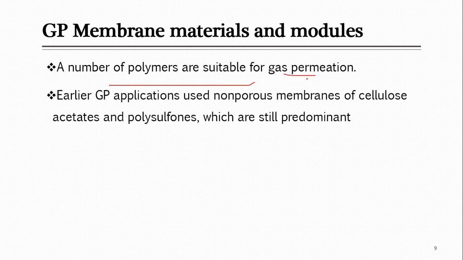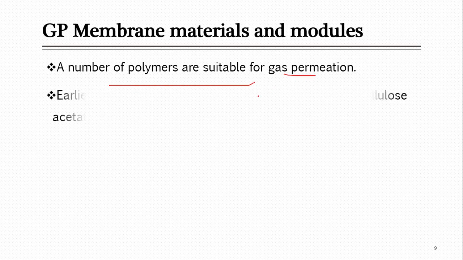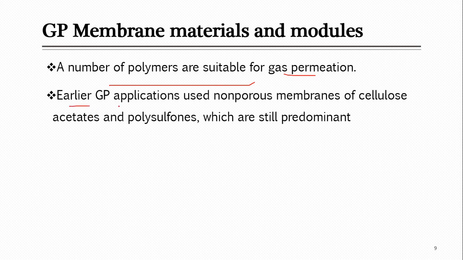Let's look at various materials and modules, as we have seen for reverse osmosis. For these gas separation membranes, a number of polymers are suitable for gas permeation application. For example, earlier, gas permeation applications used non-porous membranes, majorly non-porous.